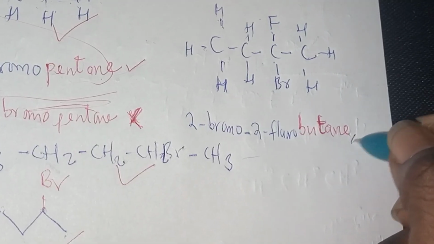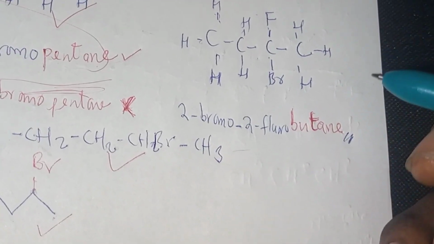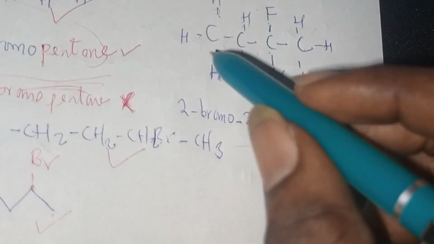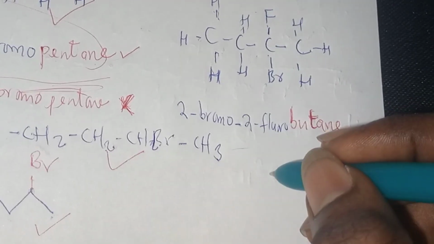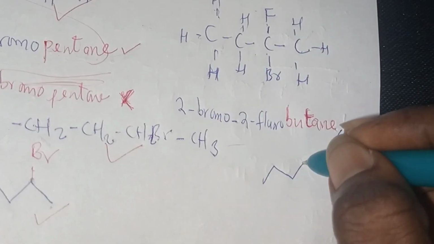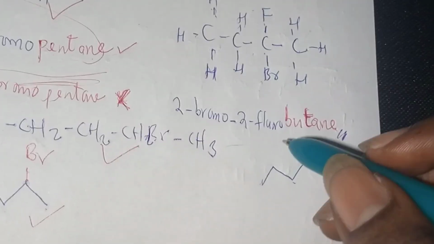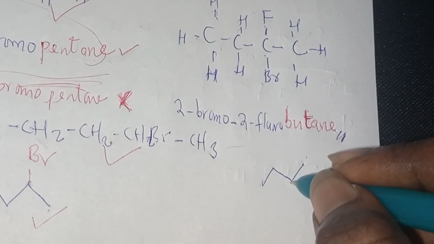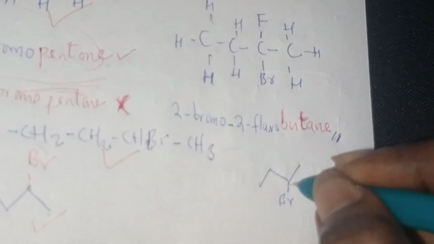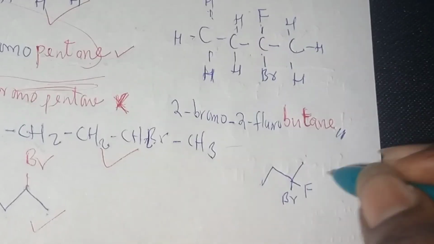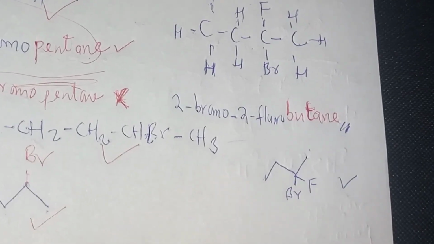So this is how we are going to name this compound. Another way of representing it is 1, 2, 3, 4. So this is butane. Then you could attach your bromine and your fluorine here. You are done for this compound.